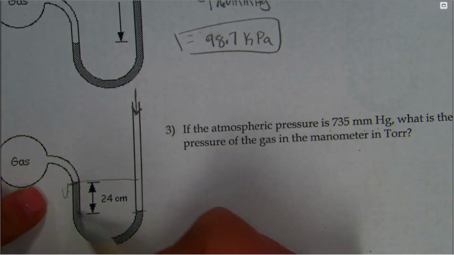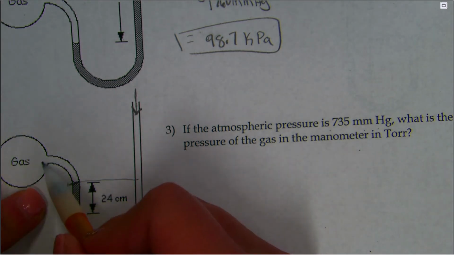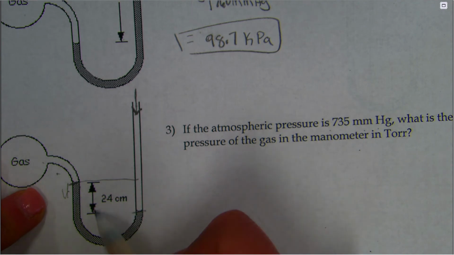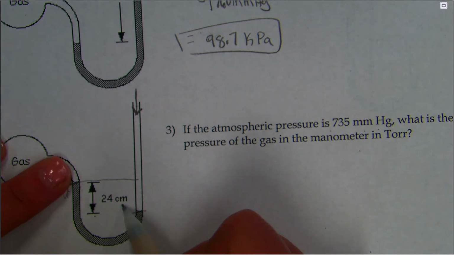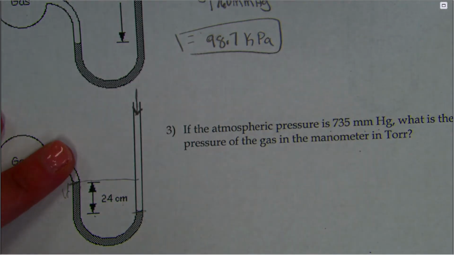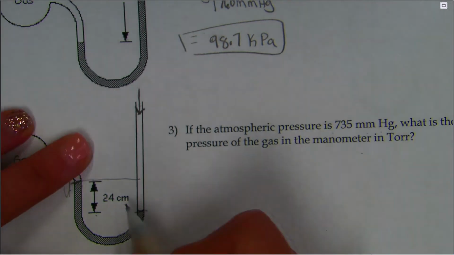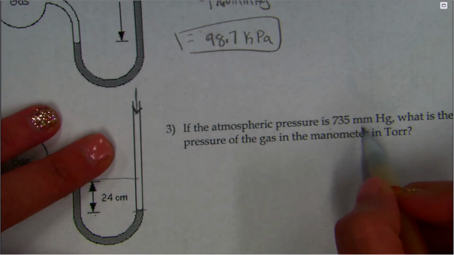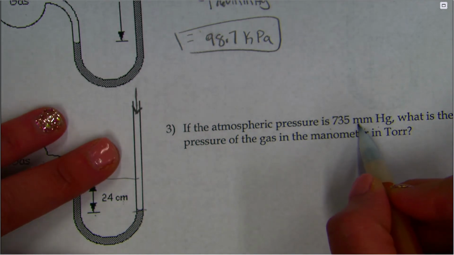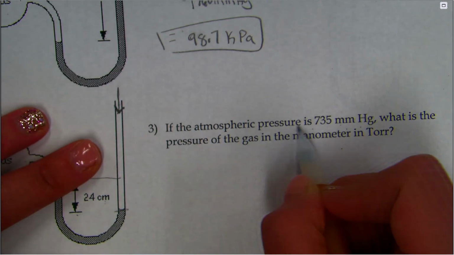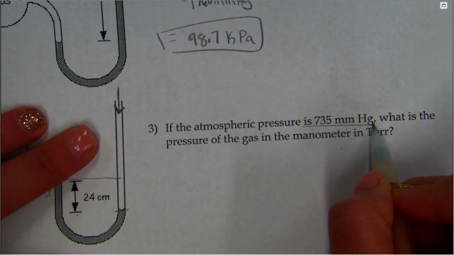It is pushing the gas or the mercury back up towards the gas. So here's the pressure of the gas, 24 is in centimeters. So step one, I'm going to have to convert this into millimeters of mercury because my atmospheric pressure is 735.